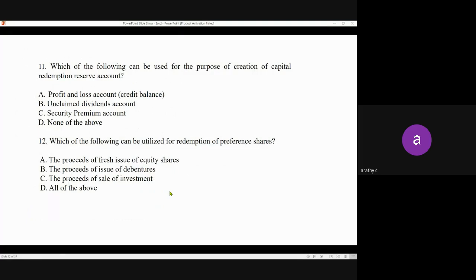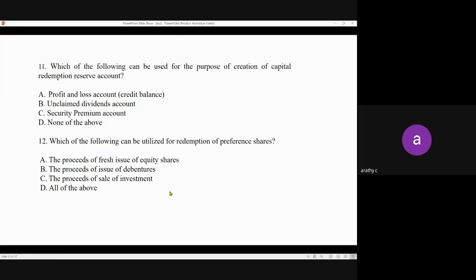Which answer is correct? Option A is correct. Profit and loss account, credit balance.